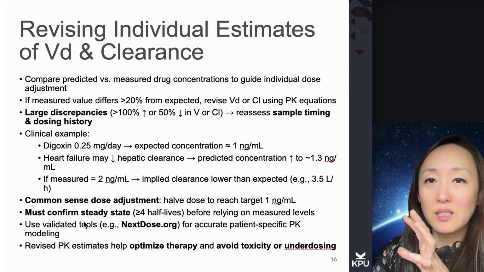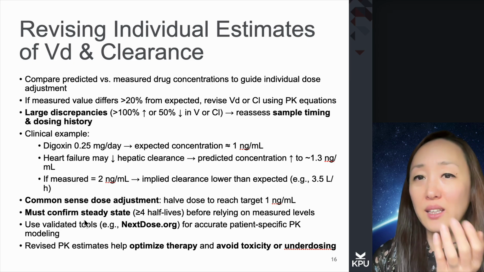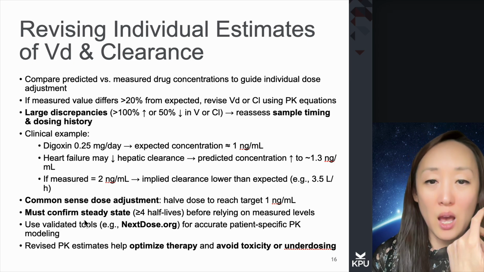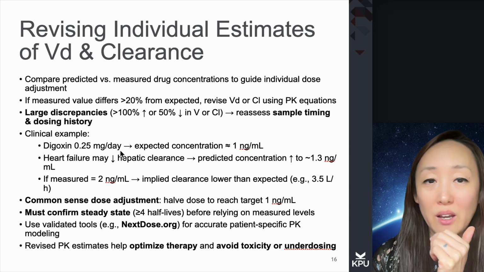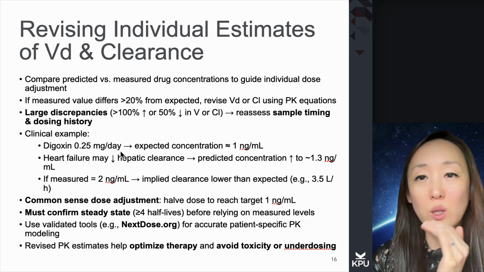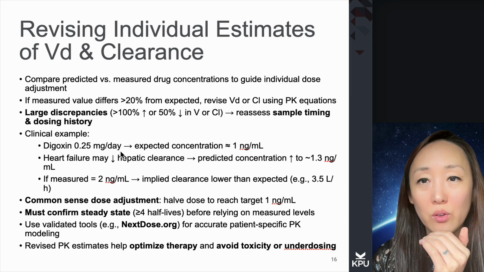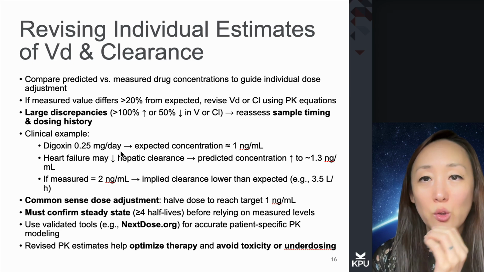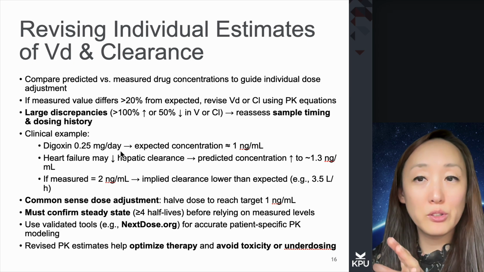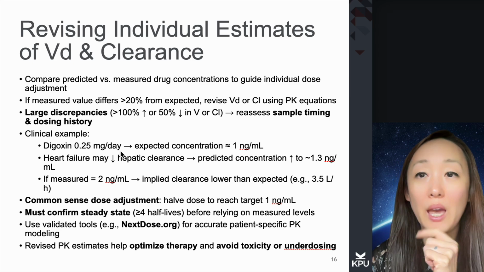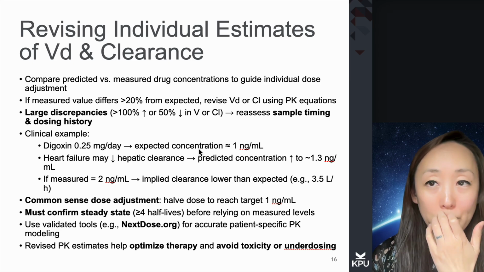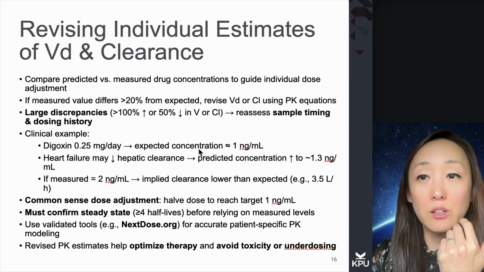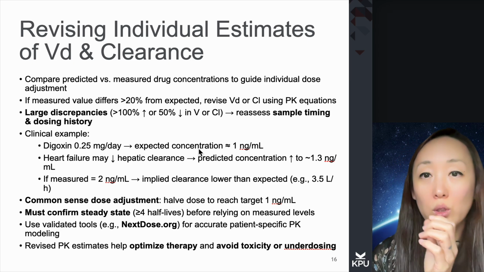So a clinical example that we can use is, let's say that a patient is taking 0.25 milligram per day of digoxin, and you expect the level around 1 nanogram per mil to be achieved based on 70% bioavailability, and let's say every hour 7 liters would be cleared, like total clearance.